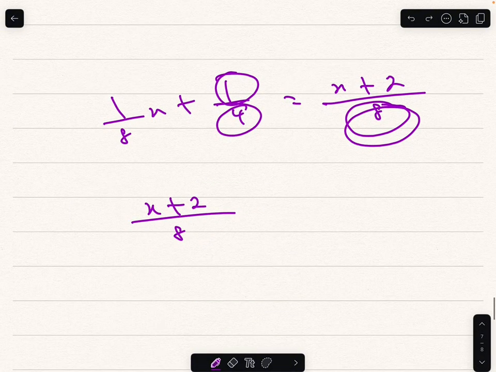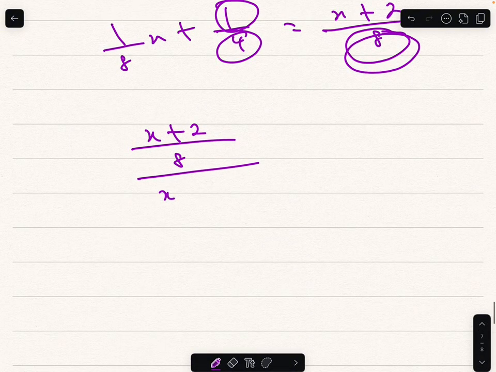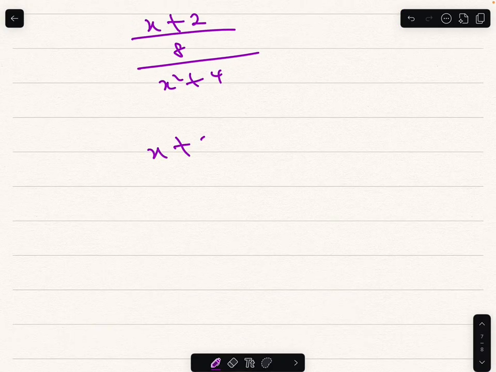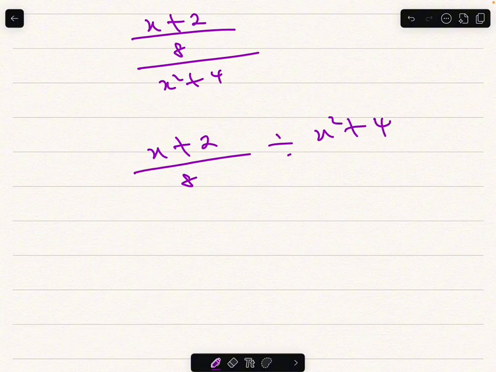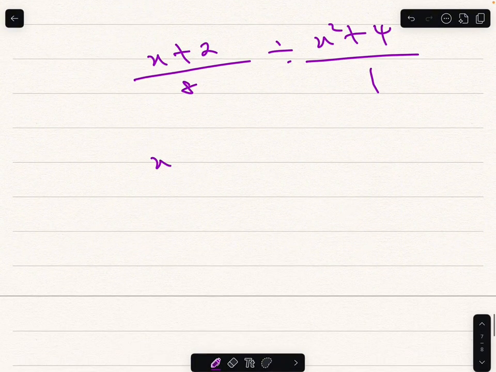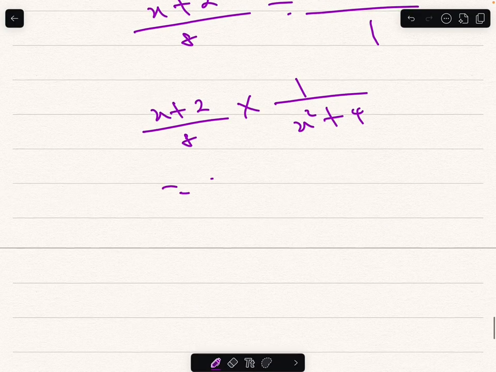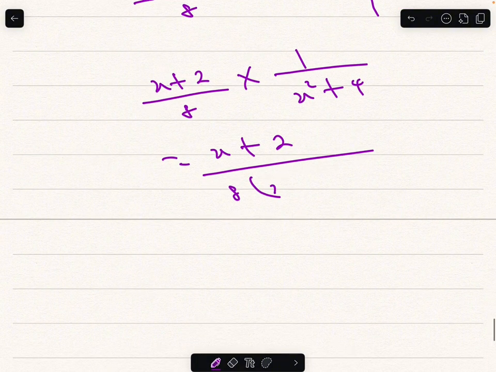Now, if we divide that by x squared plus 4, it's going to be the same as x plus 2 over 8 divided by x squared plus 4 over 1, which simply means x plus 2 over 8 times 1 over x squared plus 4. And this is what is going to become x plus 2 over 8 into bracket x squared plus 4.